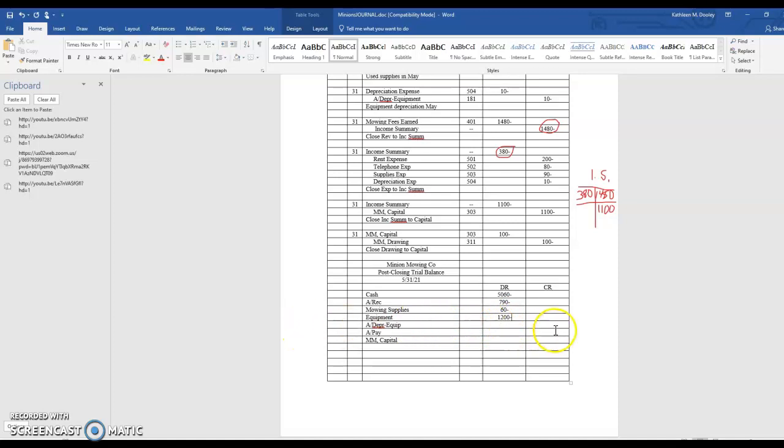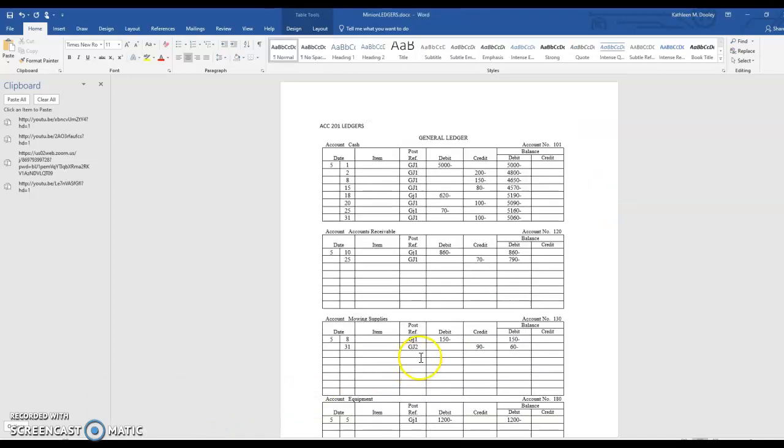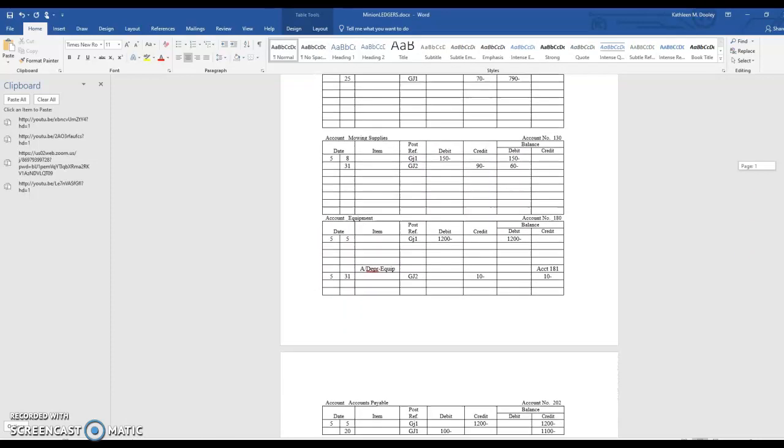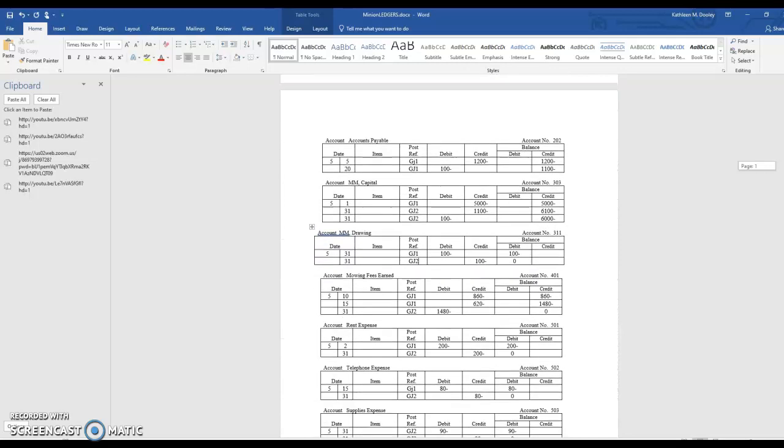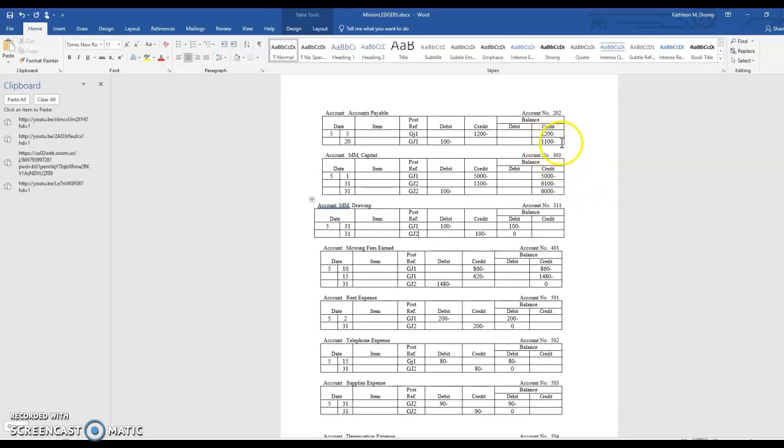Accumulated depreciation is a credit balance of 10. Okay. And again, we can look at the ledgers or our worksheet. They should be the same. Okay. Here's accounts payable is 1100 credit, and the capital is 6000 credit.